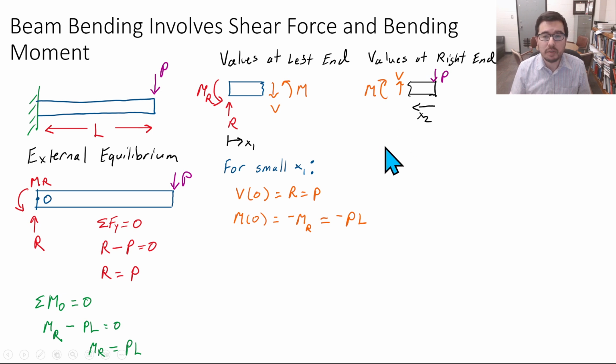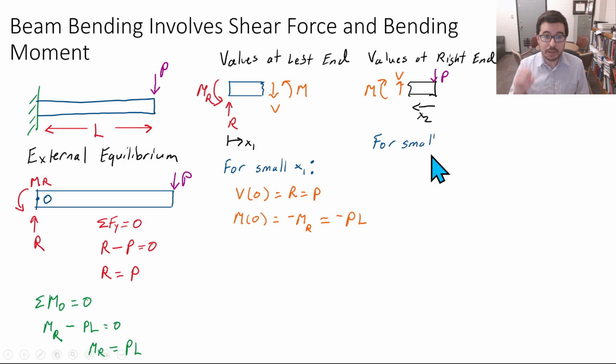Now, we've talked about this before, how these V's and the M's are the same, okay? You don't have to necessarily use Hibbeler's convention, but we're going to use it for this class. CDL does it a little bit differently with the V's being flipped in the opposite direction.